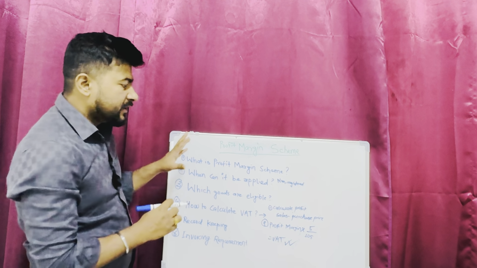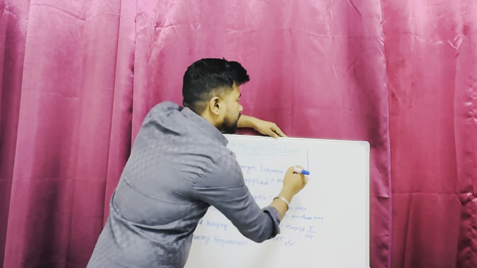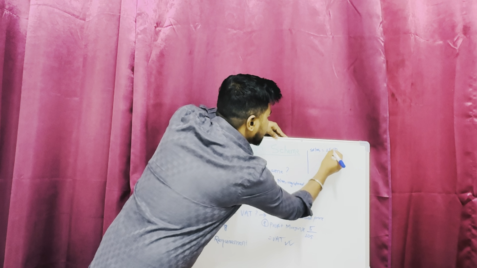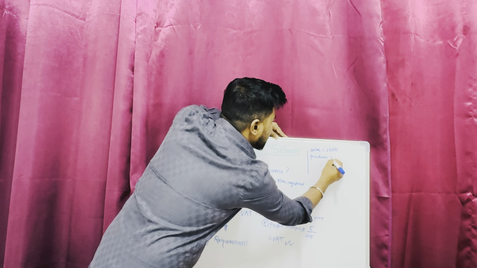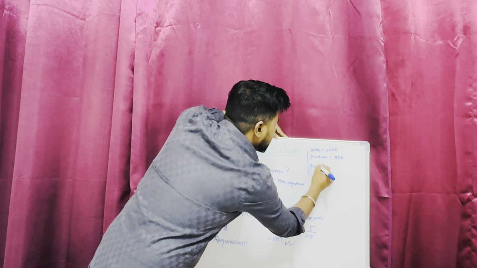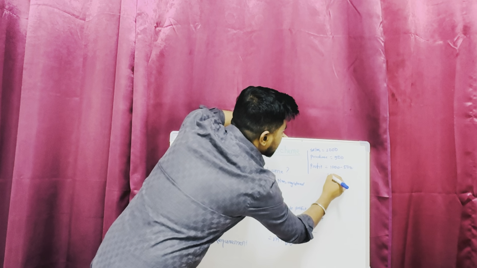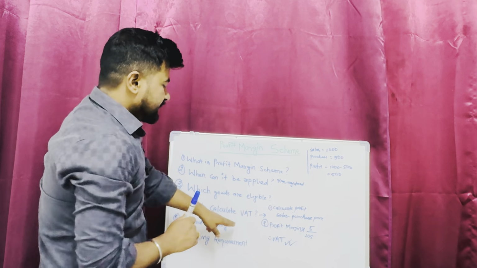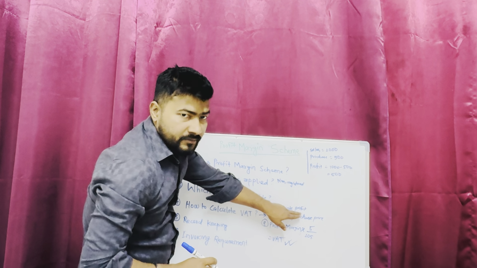Now let me explain with an example. Suppose sales is 1000 and you had purchased these goods for 500. Now profit is equal to 1000 minus 500, so you have a profit of 500. One point to notice here is that VAT is already included in this profit amount.